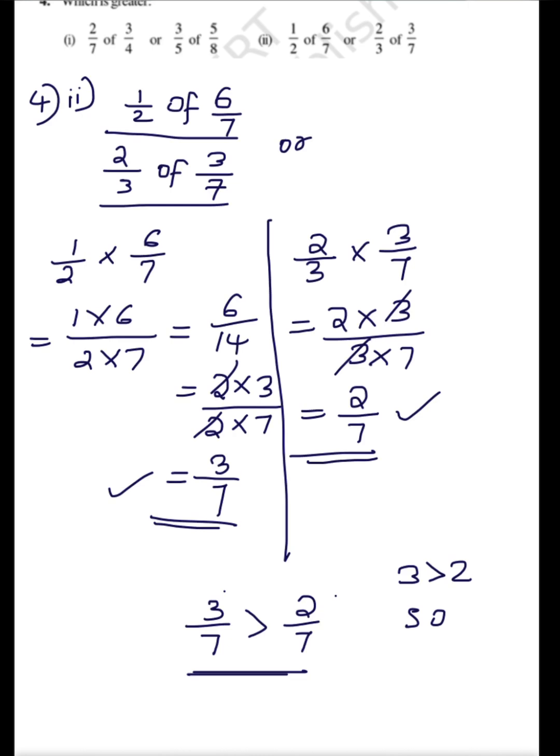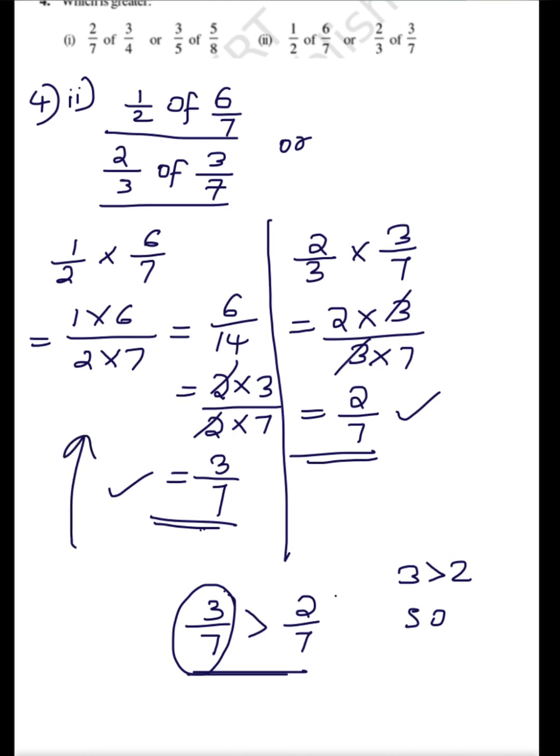Understand? In the previous question the case was the numerators were the same. Okay, in that case numbers with the smaller denominator will be the greater number. Okay, but in this case denominators are the same. For such numbers the number with the greater numerator will be the greater number itself. Okay, so here 3 by 7 will be greater.